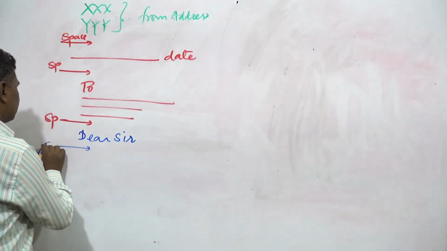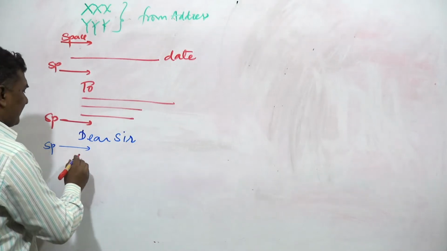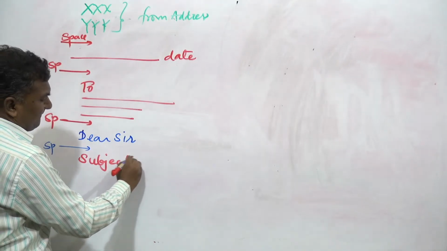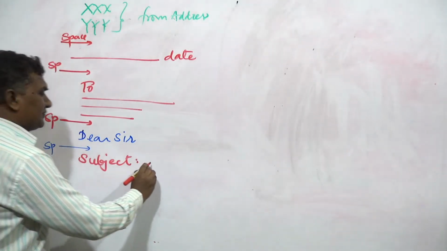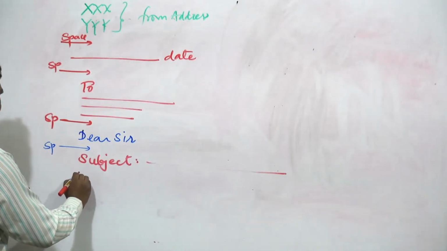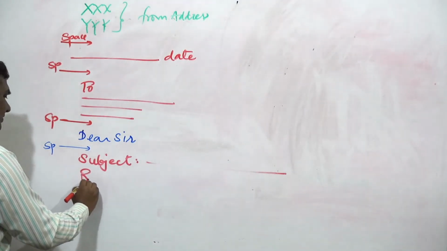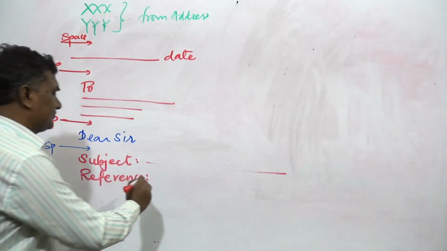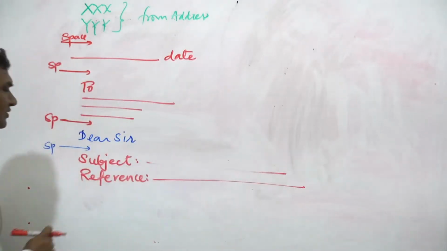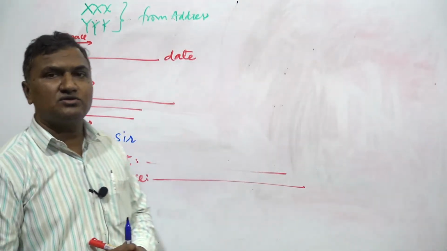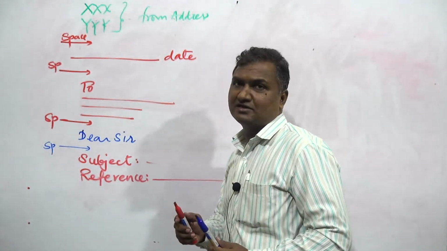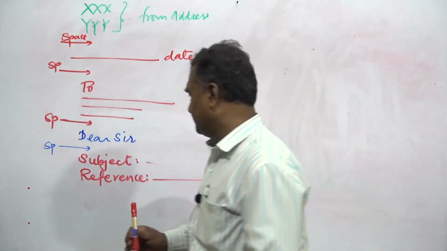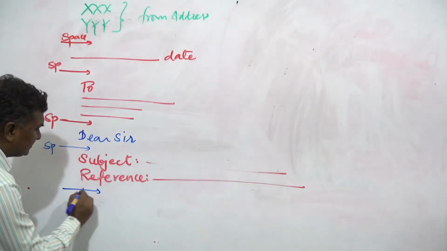Then you write your subject. Then reference. No need to leave the space between subject and reference. What is to be written in the place of subject and reference? I'll tell you shortly. Space.